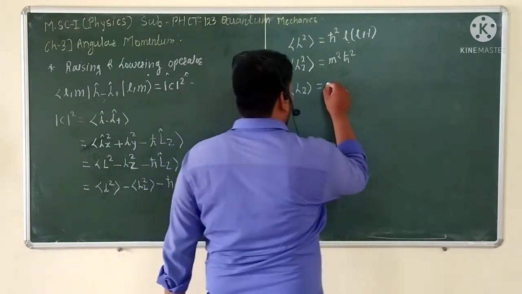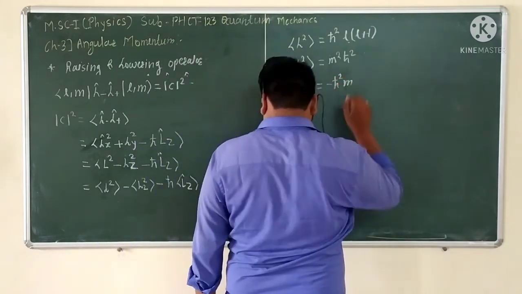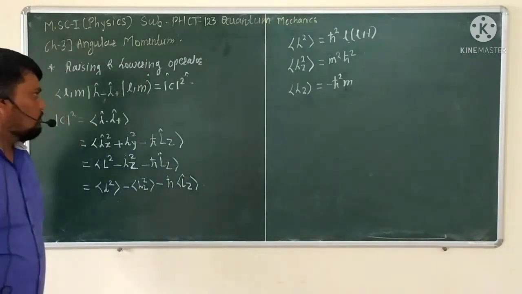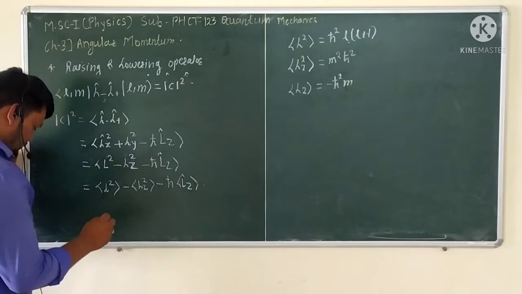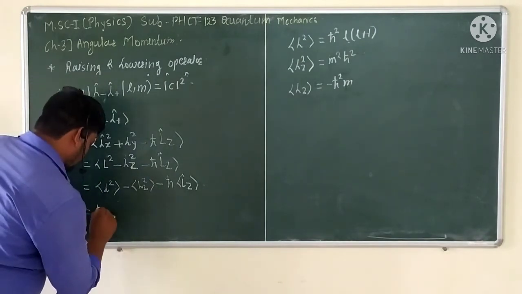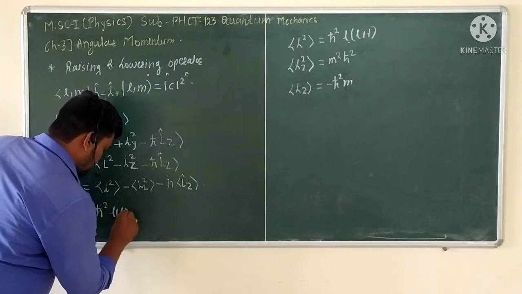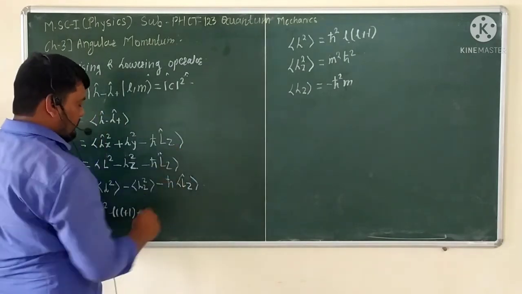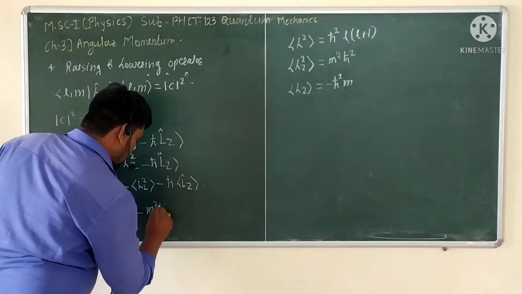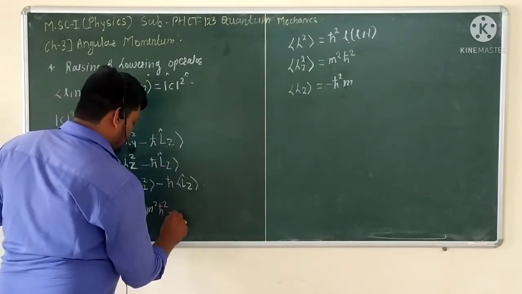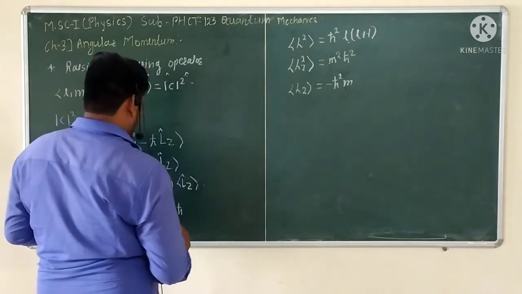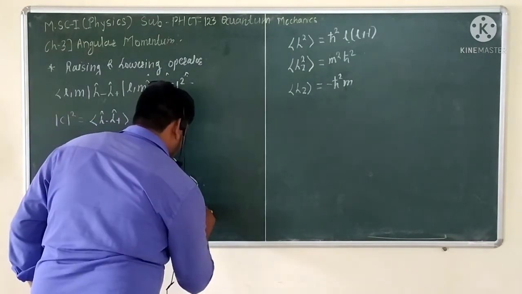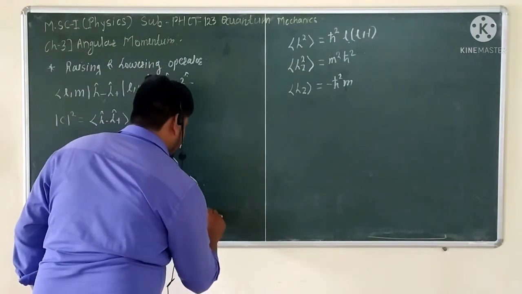So put these expectation values in this relation, so we get the relation: h cross square L into L plus 1 minus the Lz square eigenvalue m square h cross square, and again minus h cross square into m.